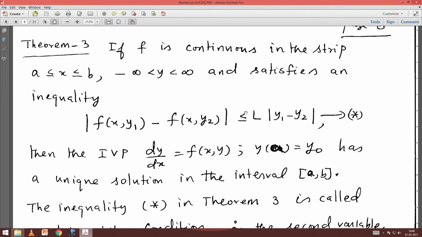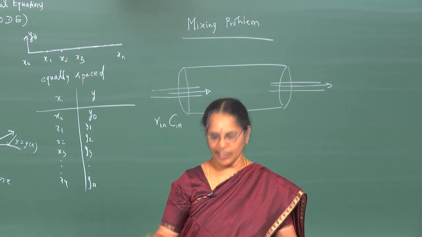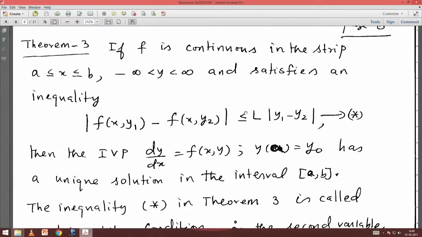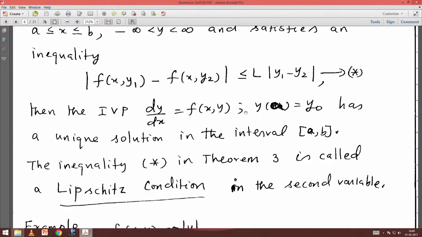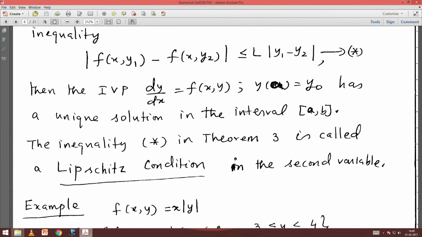So, this theorem asserts the existence and uniqueness of a solution of an initial value problem in an interval [a, b], and it says the function f must be continuous in the strip and it should satisfy this inequality. This inequality is called a Lipschitz condition in the second variable y.